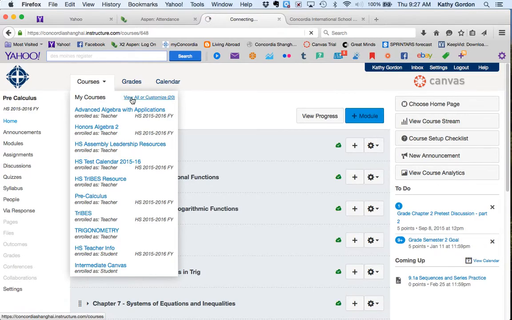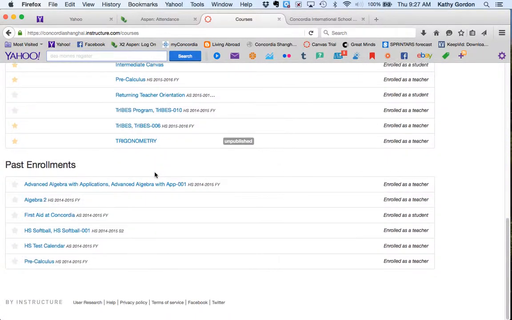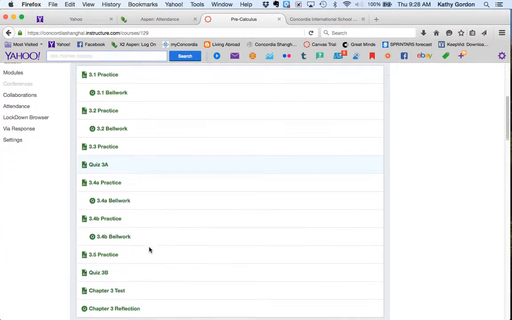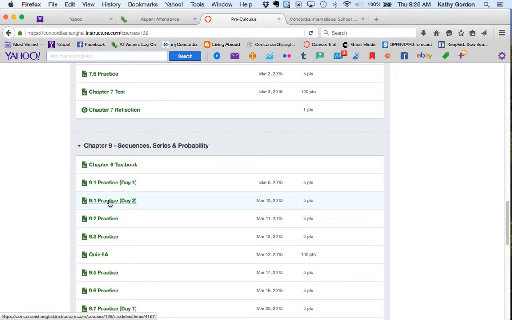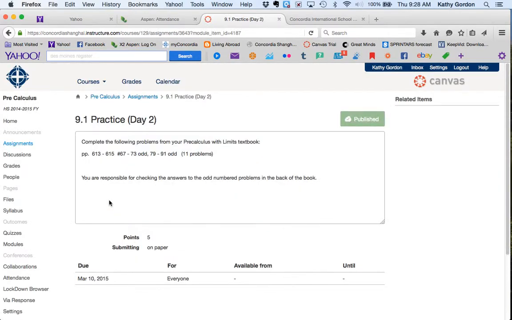Pre-calc, Chapter 9, day 2. All right, so pages 613 to 615, we're looking at 67 to 73 odd, and then 79 to 91 odd. So it's 11 problems total.